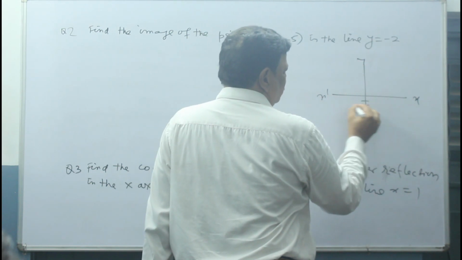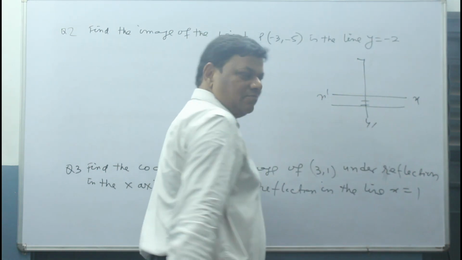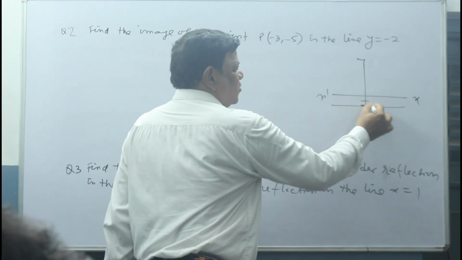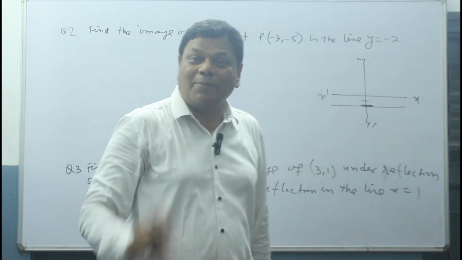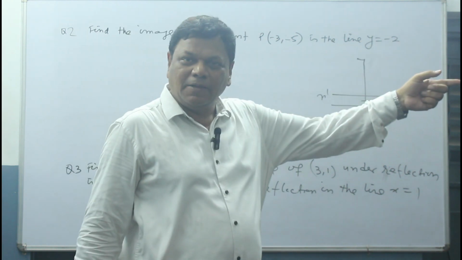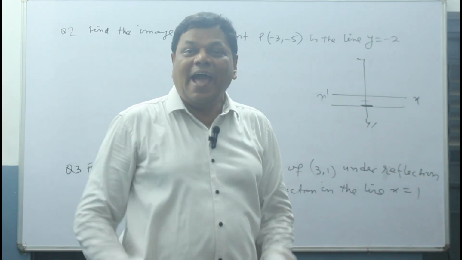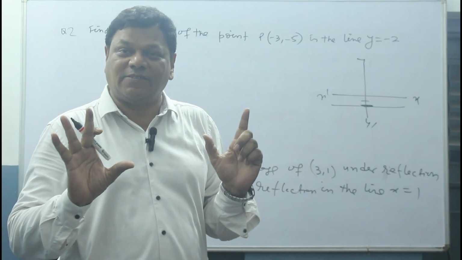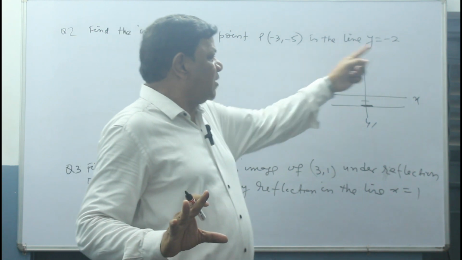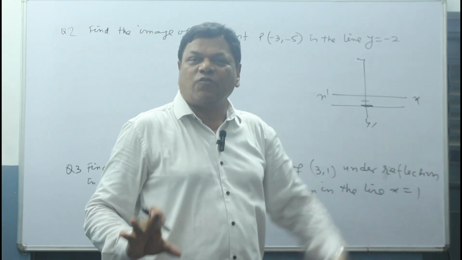This is minus 2, so I will draw a line. Whenever a line is drawn, that is parallel to x-axis. Remember that. Y equal to something means parallel to x-axis and x equal to something means parallel to y-axis. You have to understand this, it is very clear. Y equal to something is given, so parallel to x-axis you have to find out.